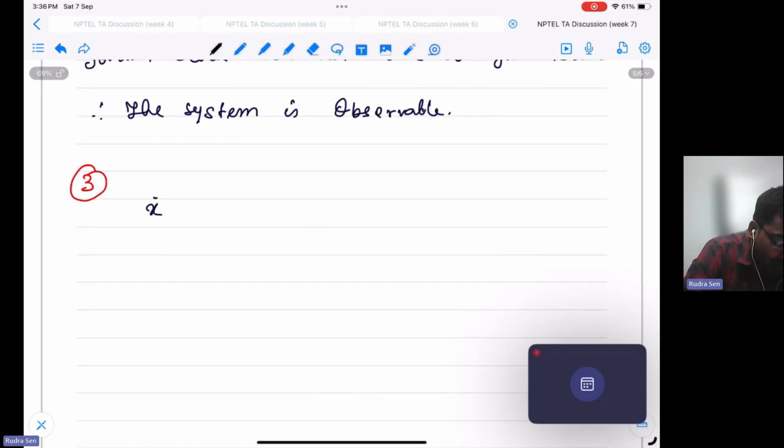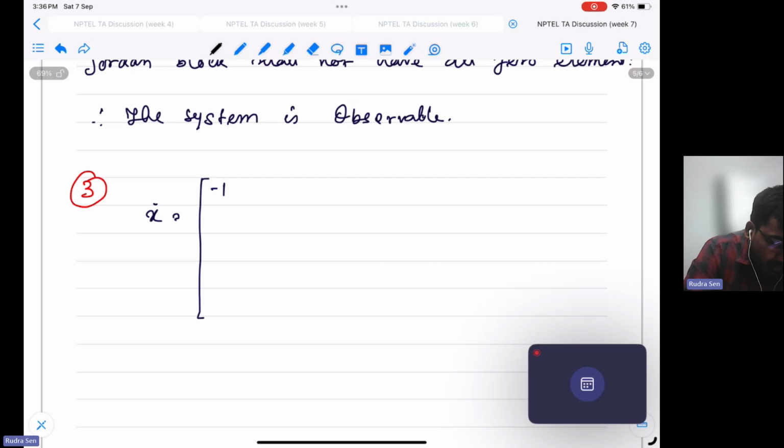Now next, the last example, then I will move to the next segment. This is a 5 cross 5 matrix.